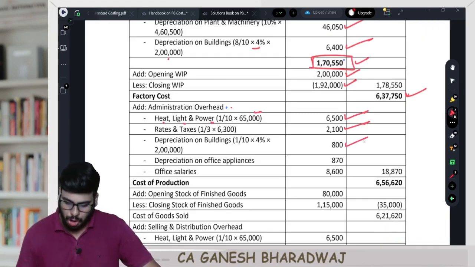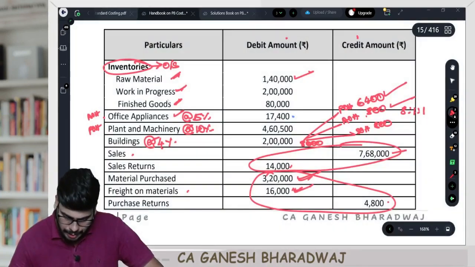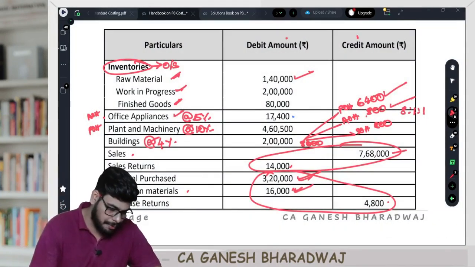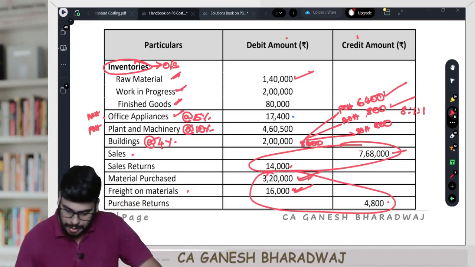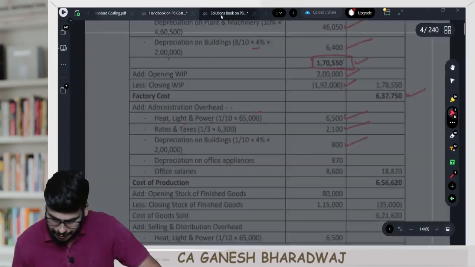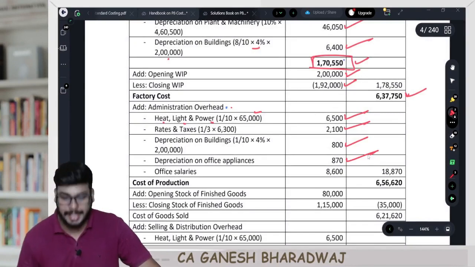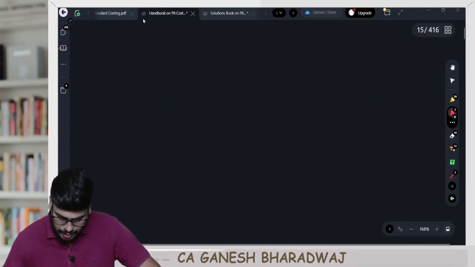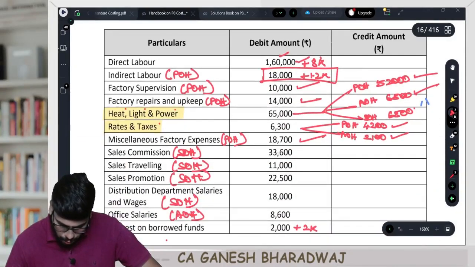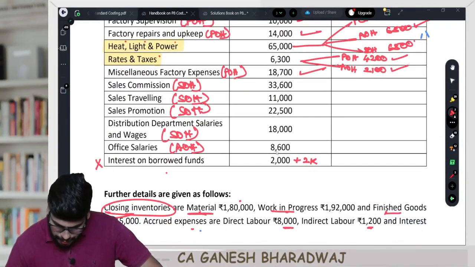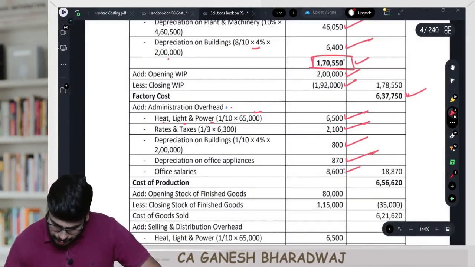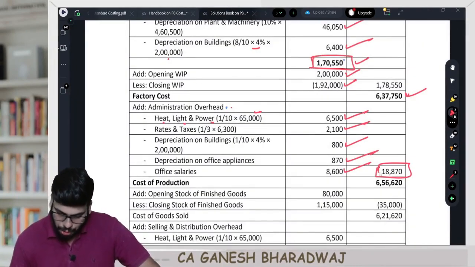Then depreciation on office appliances that we already saw: 5% on 17,400, 0.05 on 17,400, it's going to be 870 rupees. Your office salaries figure was given as 8,600. Let us tick it off. Yes, office salaries is going to be 8,600. Are you clear with this? This figure is also done. This is going to be a total of your AOH.